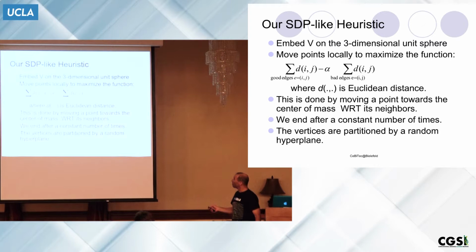Now that we have geometry, we have distances, Euclidean distances between points, and we want to maximize this expression of Euclidean distances. So again, I want to maximize alpha, but I also need to embed these points somewhere in the space.